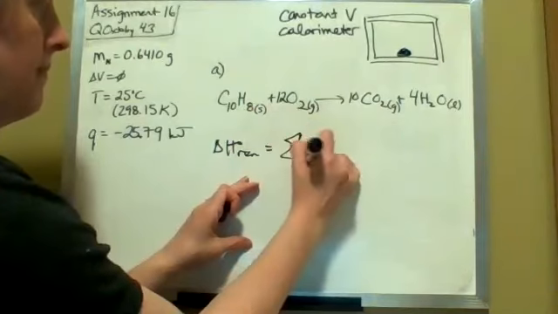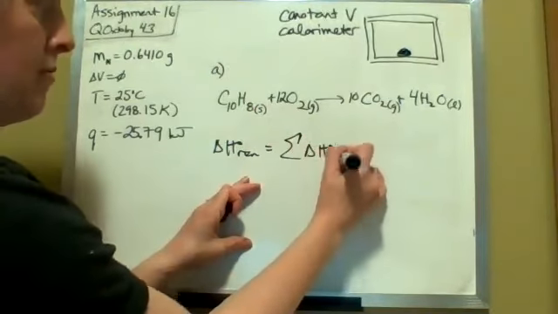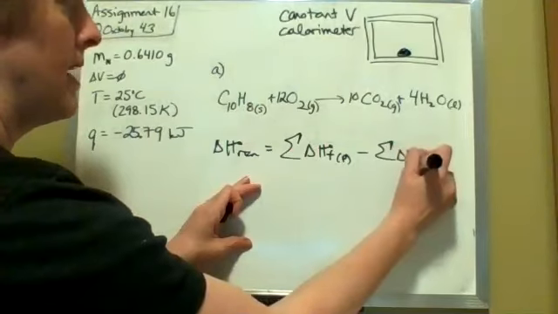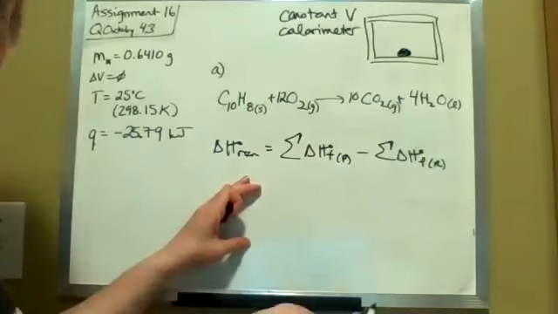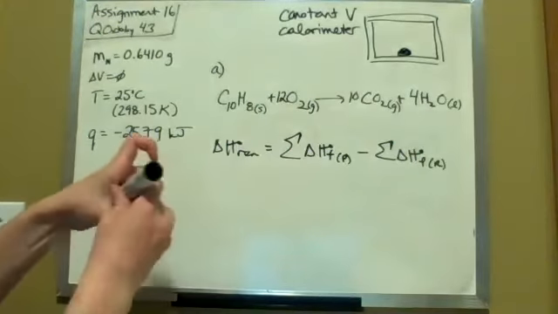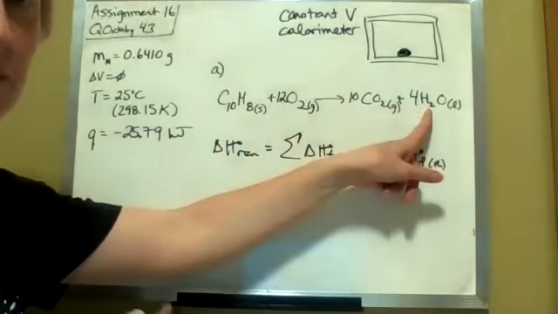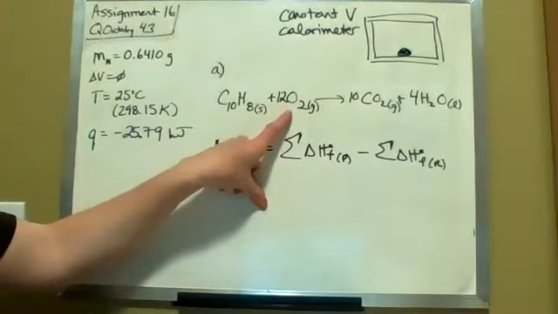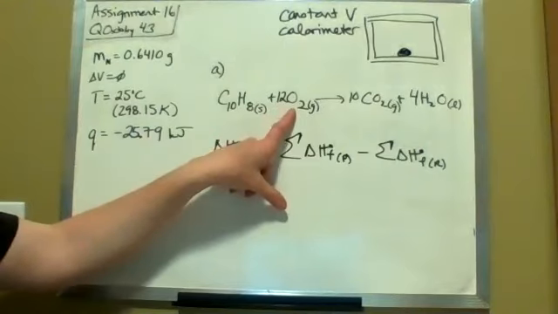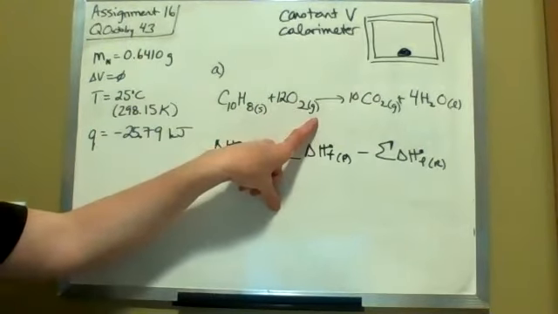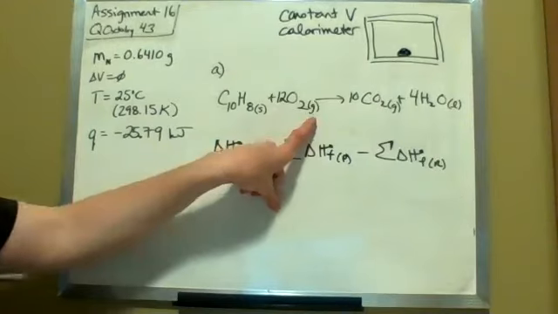You're taking the sum of the enthalpy of formations of the products minus the sum of the enthalpy of formation of all the reactants. So in this case, most tables are going to have CO2 and water in the table, no problem. The enthalpy of formation of oxygen, which is an elemental species in its standard state, which is gas, is going to be 0 because nothing's changed there.